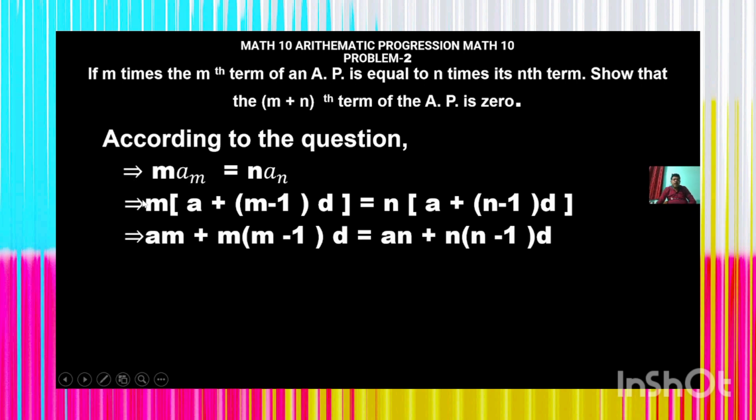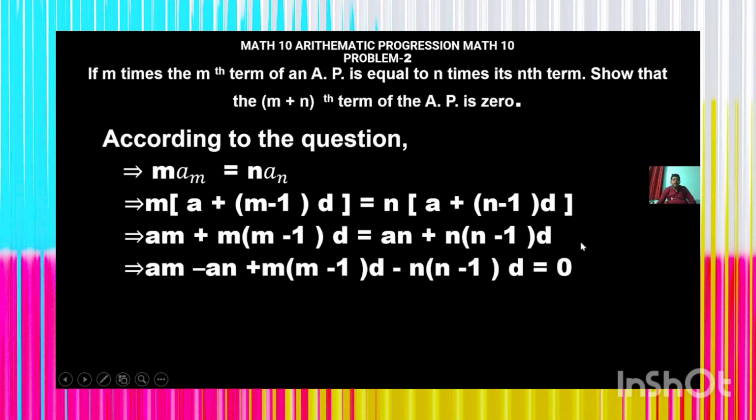So we multiply here: m multiplied with a, plus m into (m minus 1) into d, is equal to n multiplied with a, so a n, plus n into (n minus 1) into d. Now you see, a n on the right hand side will be transposed to the left hand side, and it will be minus a n. So a m minus a n plus m into (m minus 1) into d.